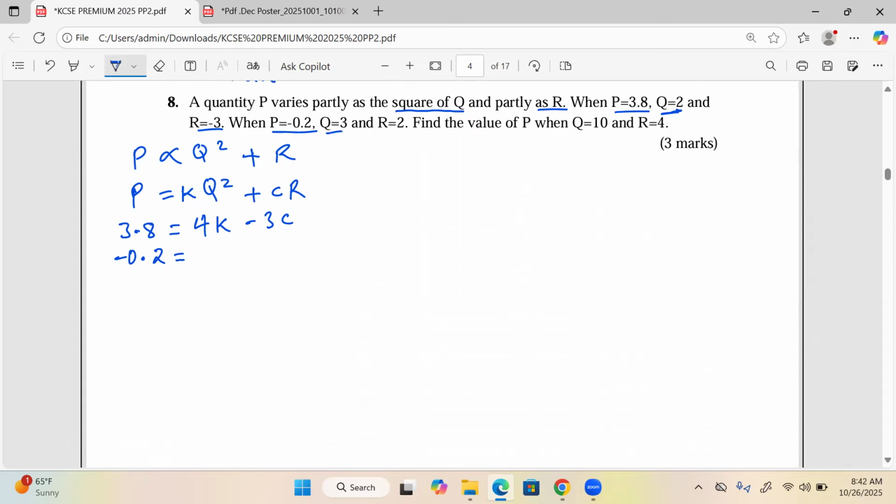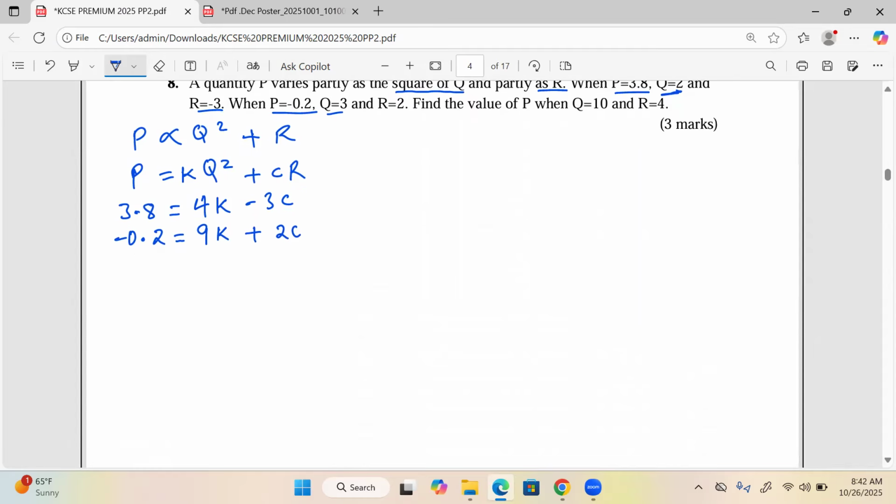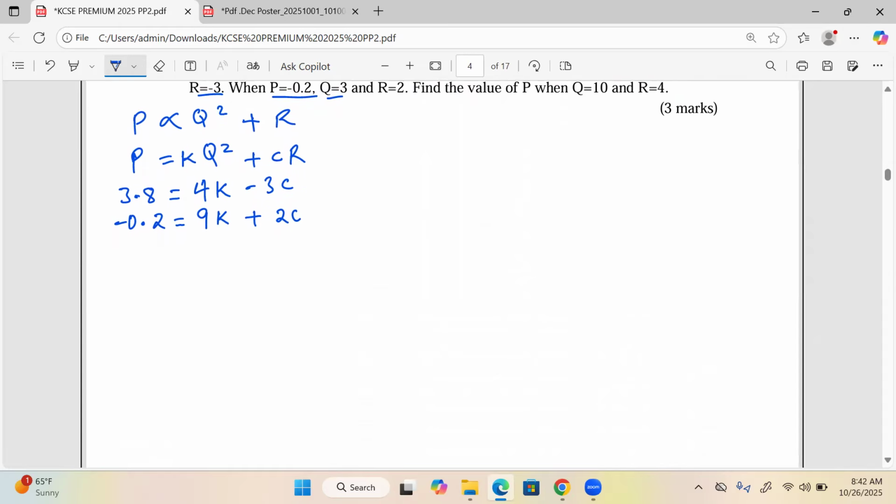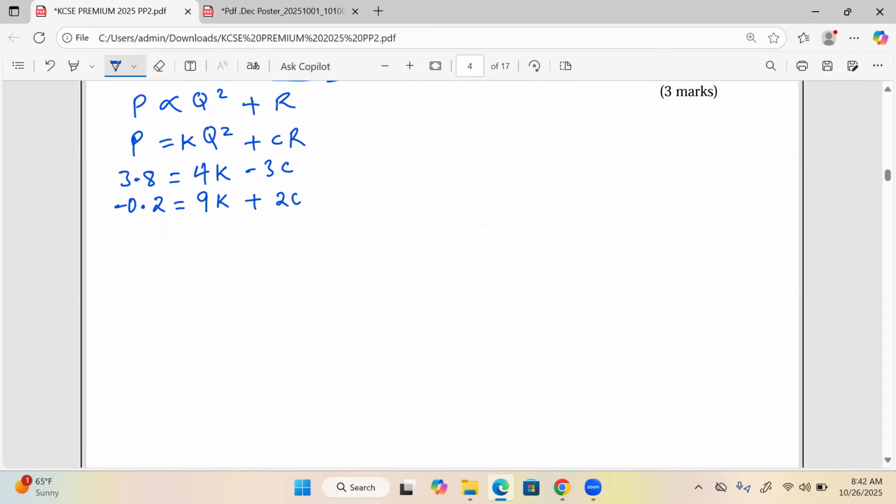When Q is 3, squaring it makes it 9. And R is 2 by the value of C. So we now have two equations which are supposed to be solved simultaneously.